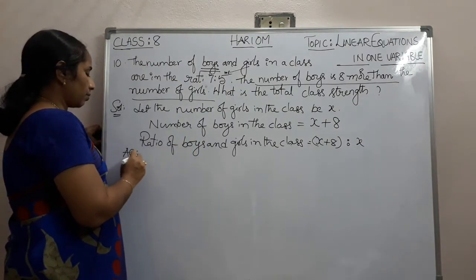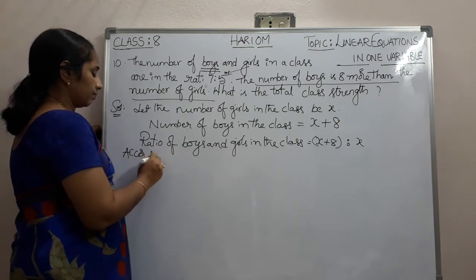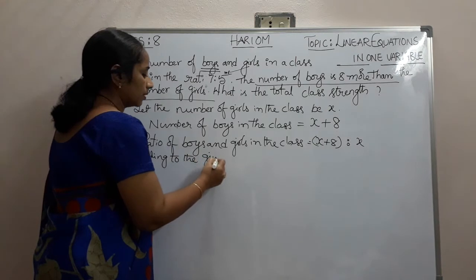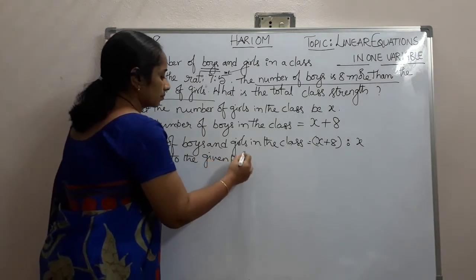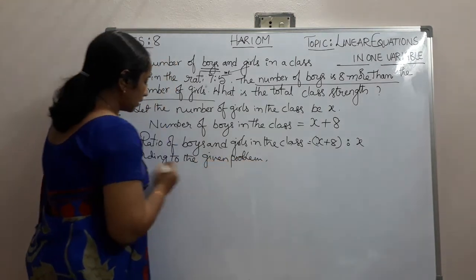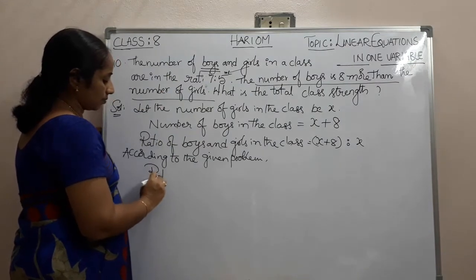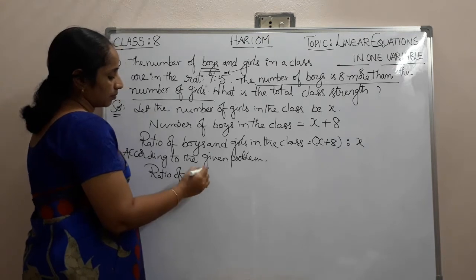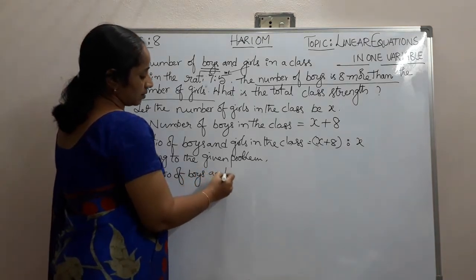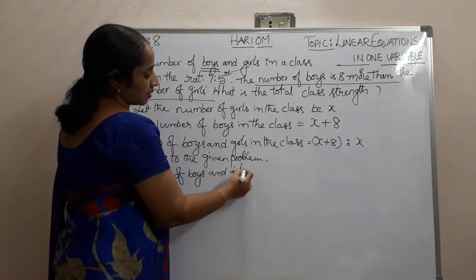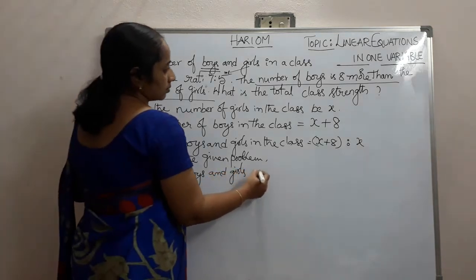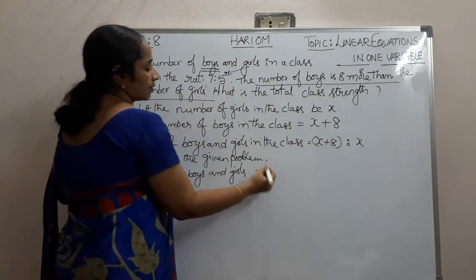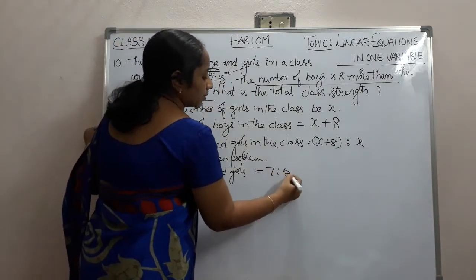According to the given problem, ratio of boys and girls is equal to, what they have given, that is 7:5.